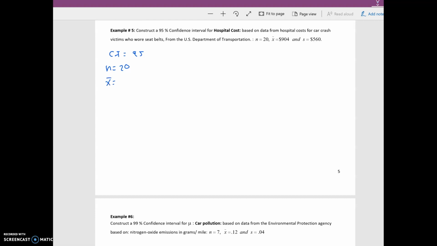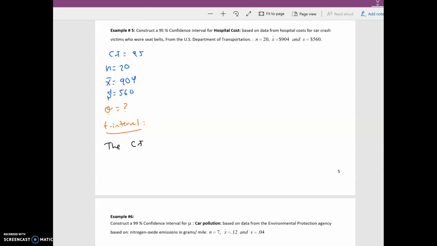The mean is equal to 904, and the standard deviation is equal to 560. Now, the values of sigma are not given. So this is going to be a t interval. Now, for a t interval, since they're not asking for the critical value or the standard error, you can just run the shortcut. I do want to see the formula though.